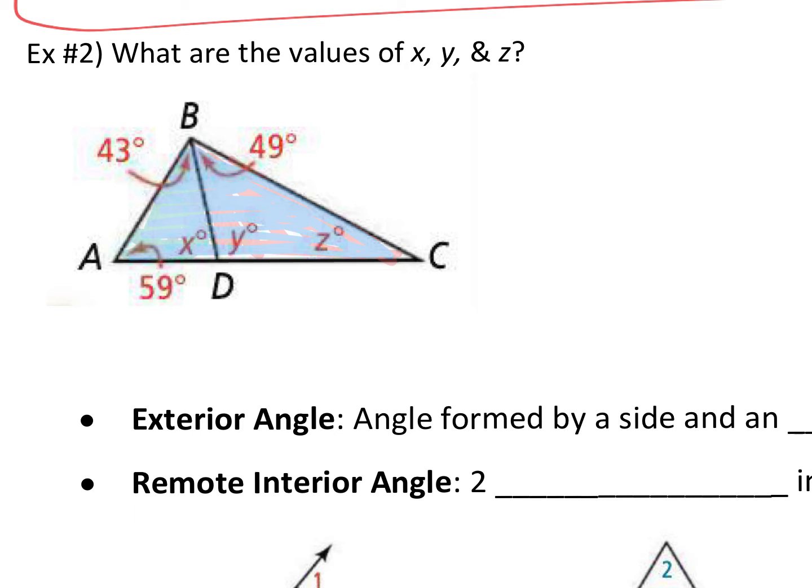Right? So there are 3 triangles here, which means there's 3 different scenarios that you can work with to come up with 180 degrees. Okay? So if that's the case, let's look first at this triangle. How do you find x?